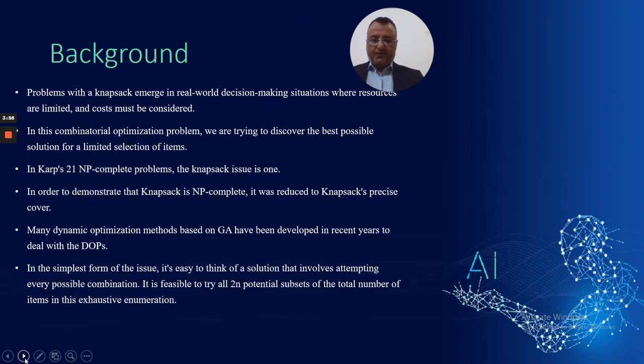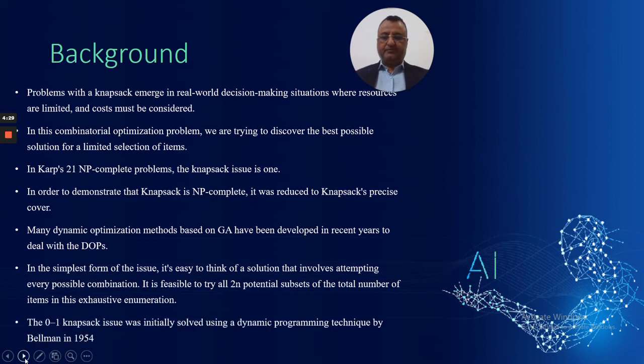In the simplest form of the issue, it's easy to think of a solution that involves attempting every possible combination. It is feasible to try every potential subset of the total number of items in this exhaustive enumeration.